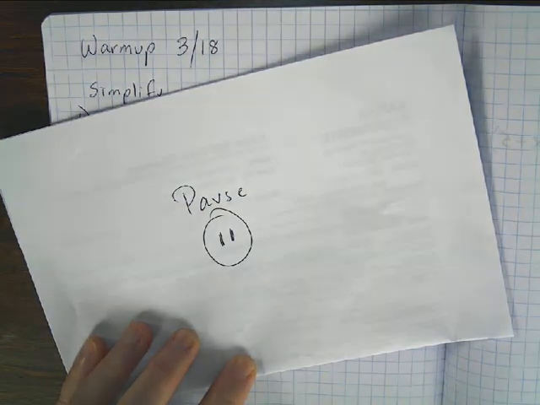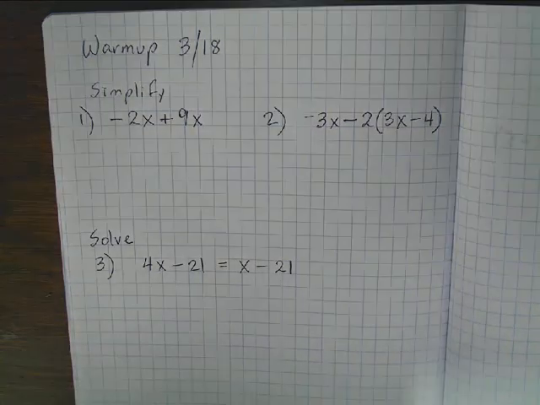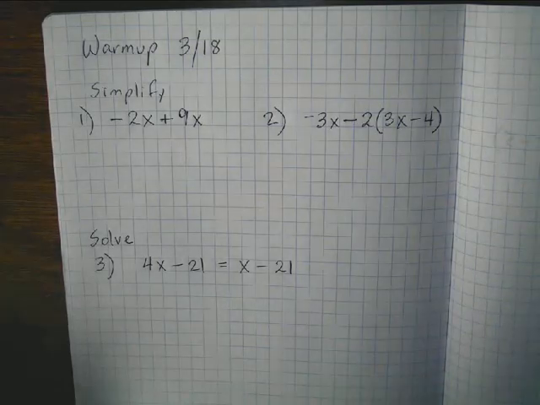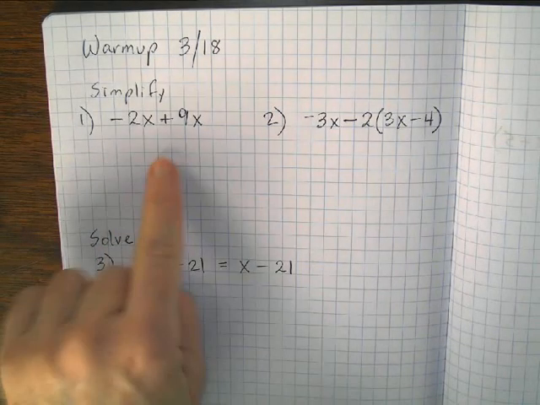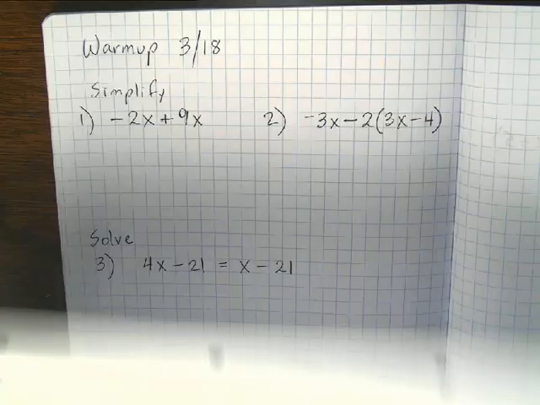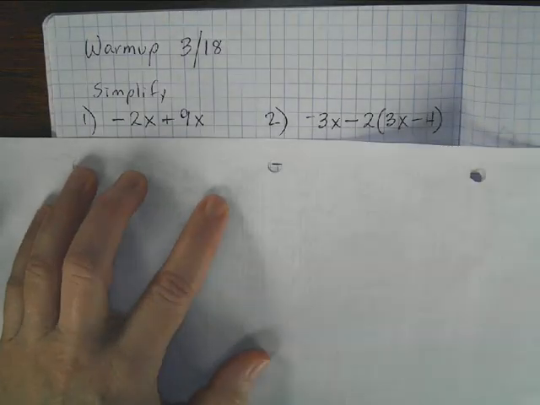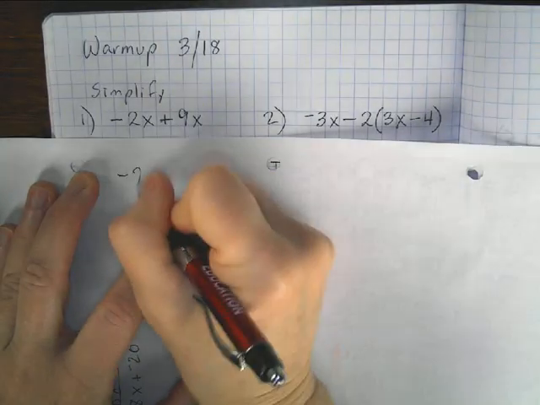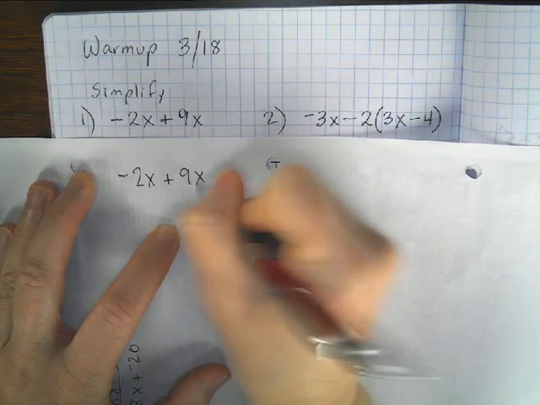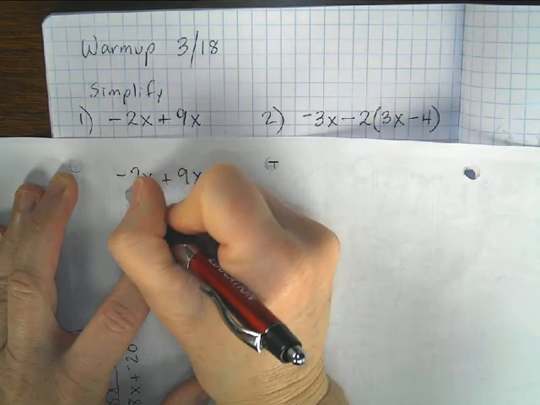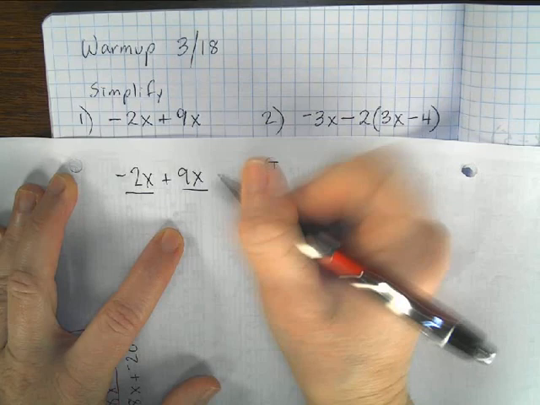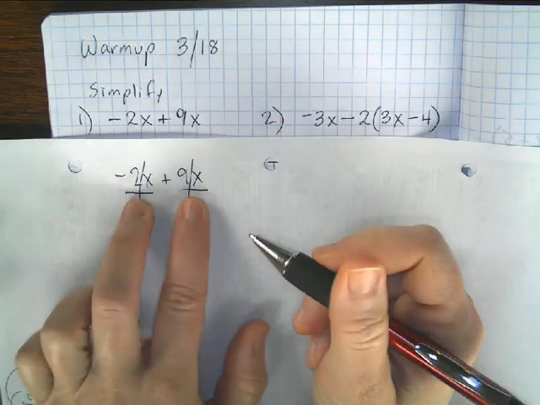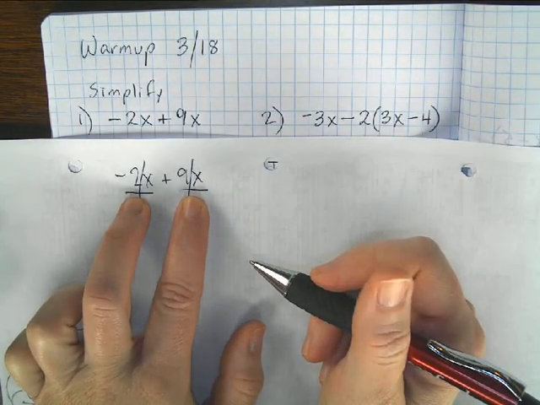Okay, I'm assuming you've tried them on your own, and now I'm going to do them with you. To simplify this problem, we are going to be combining our like terms. I could rewrite it, but there is no minus to rewrite, and I could parse it: underline, plus sign, underline, multiply, multiply. I have two like terms, so -2 plus 9.